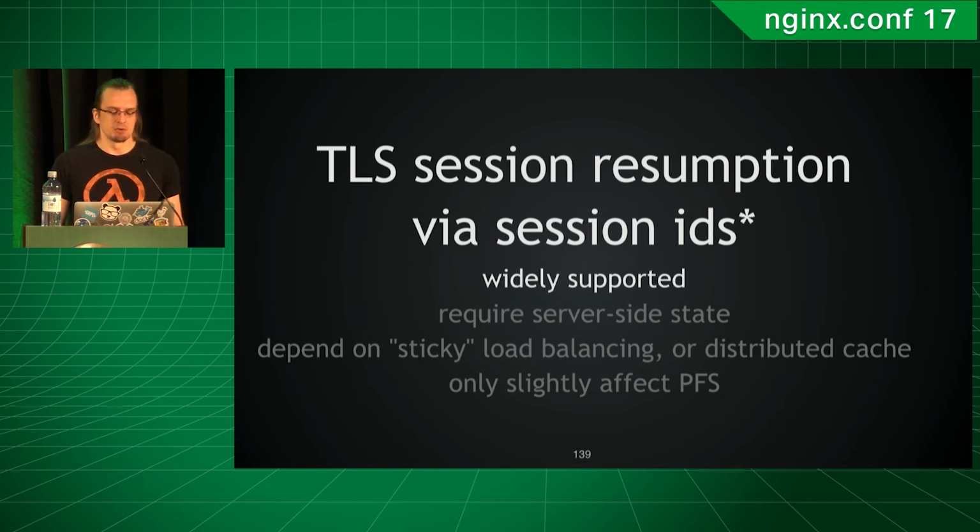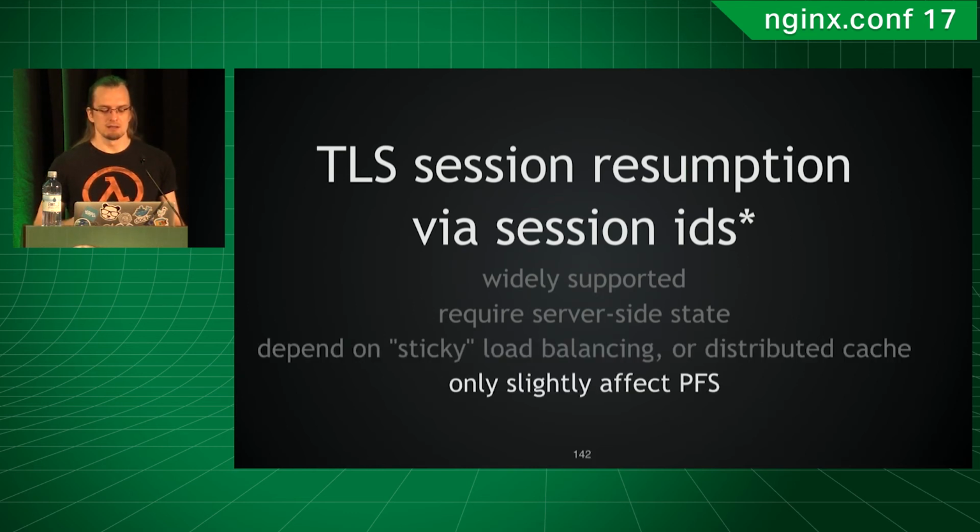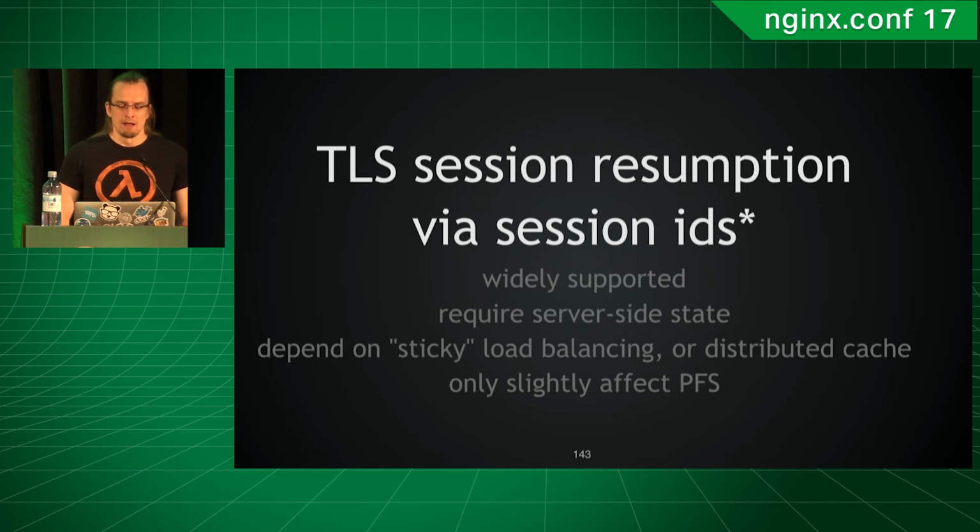It is widely supported on the client side also, but it requires server-side state, so each session will consume some amount of memory, and it is local to a box. Therefore, you will either need a sticky load balancer or a distributed cache for these sessions on your server side, and it's only slightly affecting PFS, so perfect forward secrecy, so it's good.